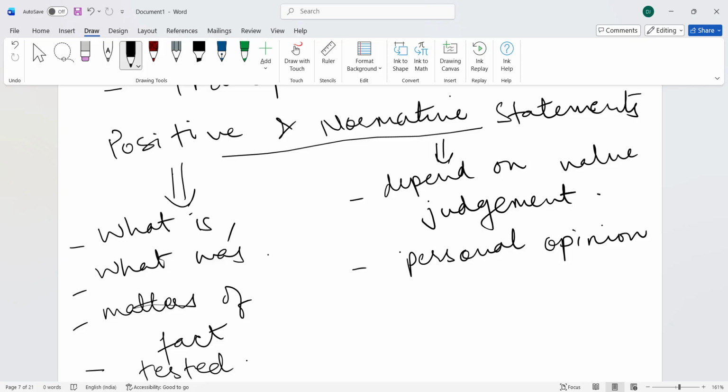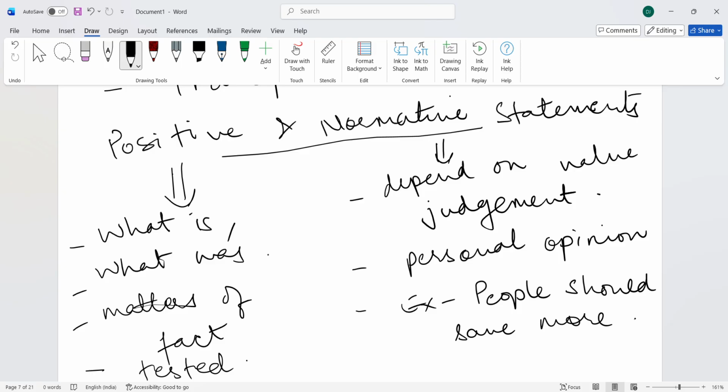So if I say, for example, that people should save more, now this is my personal opinion, my value judgment. It might not be true also. So that's a normative statement.